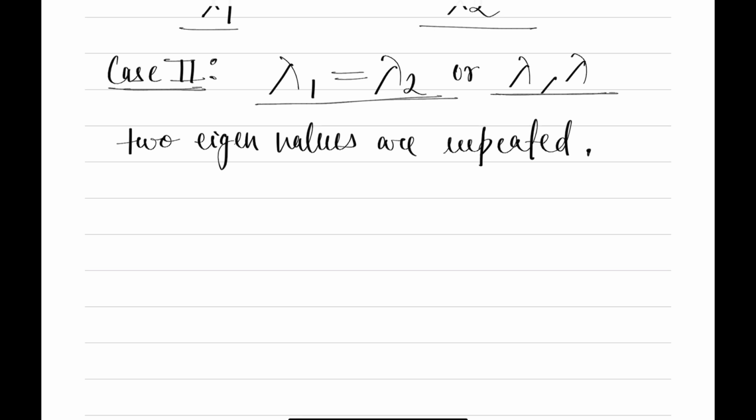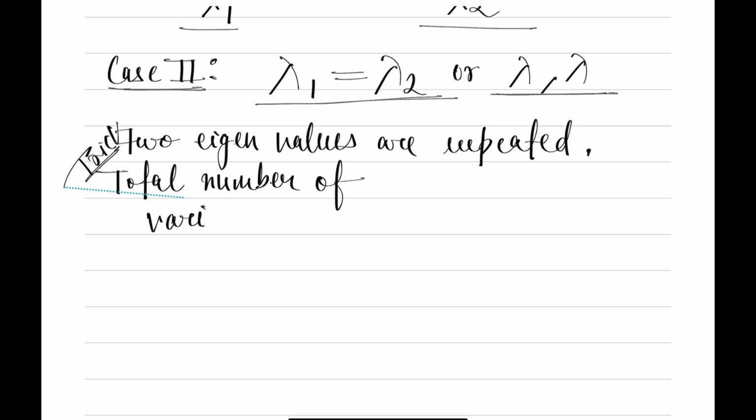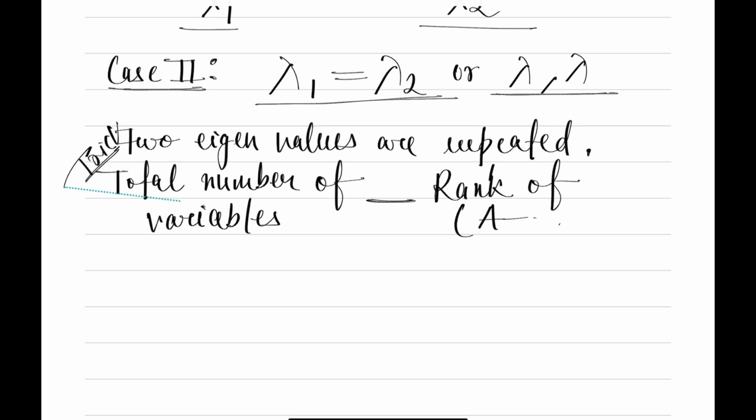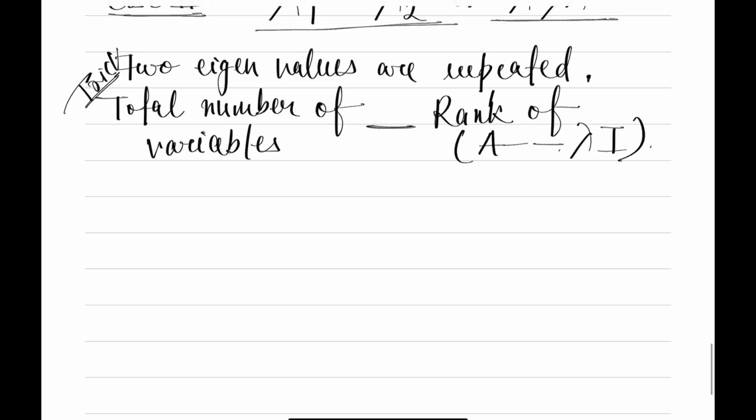In this case we have one trick, which is the total number of variables minus the rank of A minus lambda I. Finally we can say in a 2x2 matrix we have two cases.